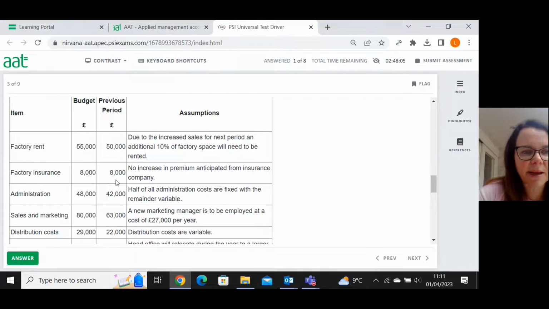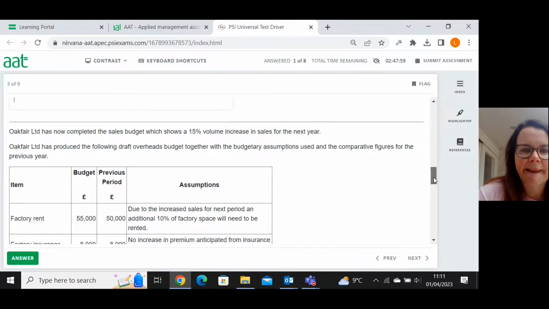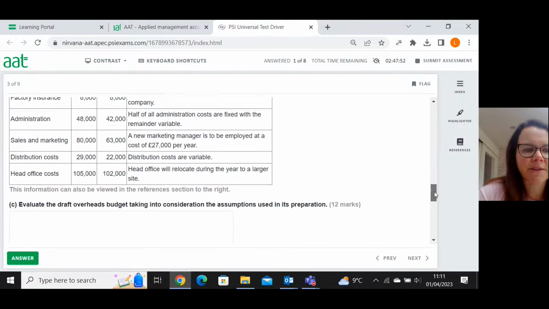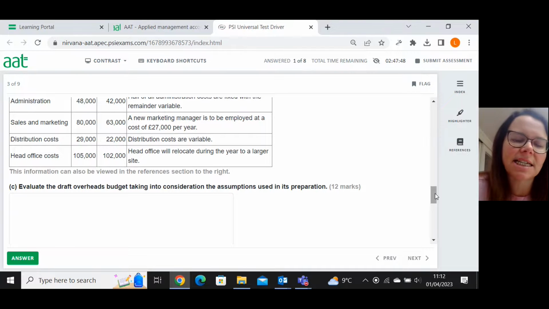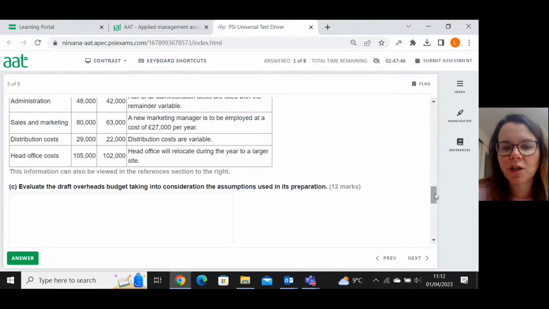And we've got the previous period, and then we've got the budget, together with the budgetary assumptions used. And we have to evaluate the draft overheads budget, taking into consideration the assumptions used in its preparation.